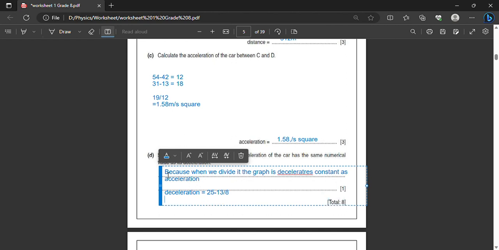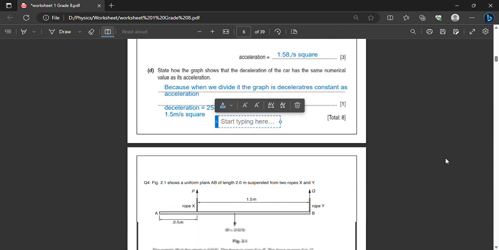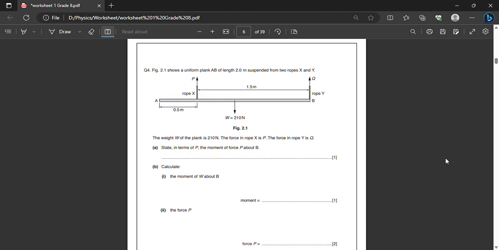When you do this, the final answer you get is 1.5, so 1.5 meters per second squared. It will be the same thing that I showed you over here. Based on your understanding you can write, because they should state a reason. It depends on how you understand it.